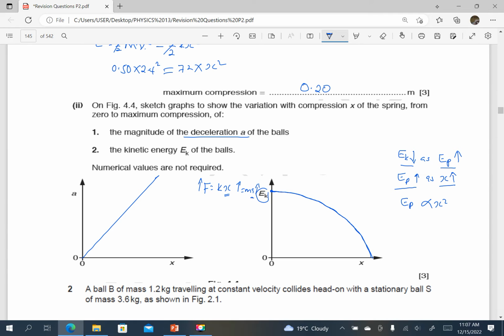Hence, the line is going to have an increasing downward slope, and it is of course going to stop at a positive value of x, where kinetic energy becomes zero, and then the compression must be maximum.